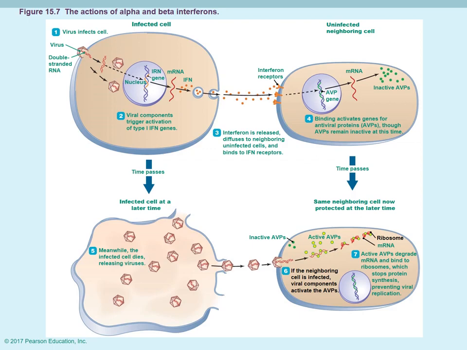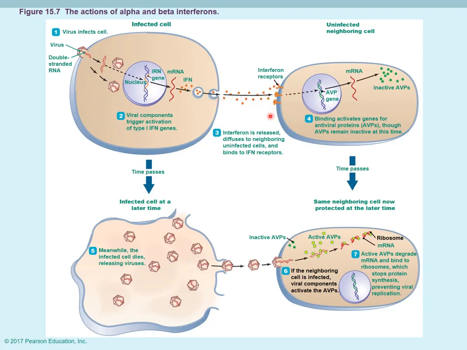When you have a cell that has become infected by a virus, such as up here, where we have a virus that has infected one of your cells, the viral infection will trigger activation of certain genes, which will release the interferons. At a later point in time, the virus starts to go through its replication process. Meanwhile, the cell is releasing these interferons.